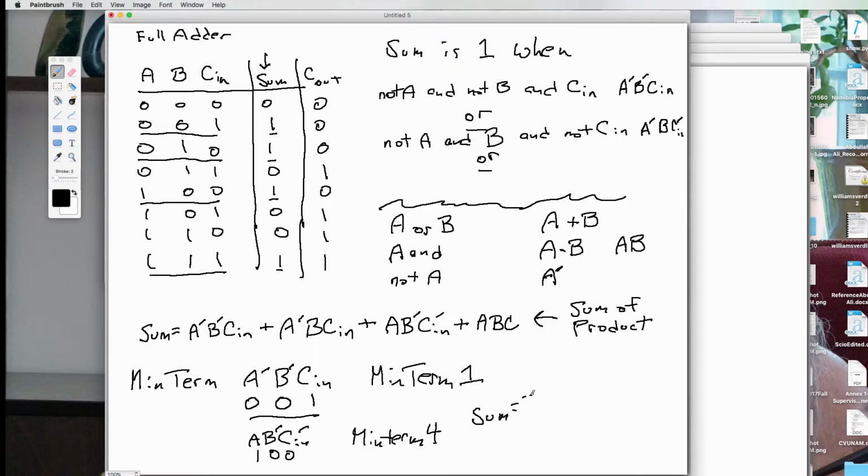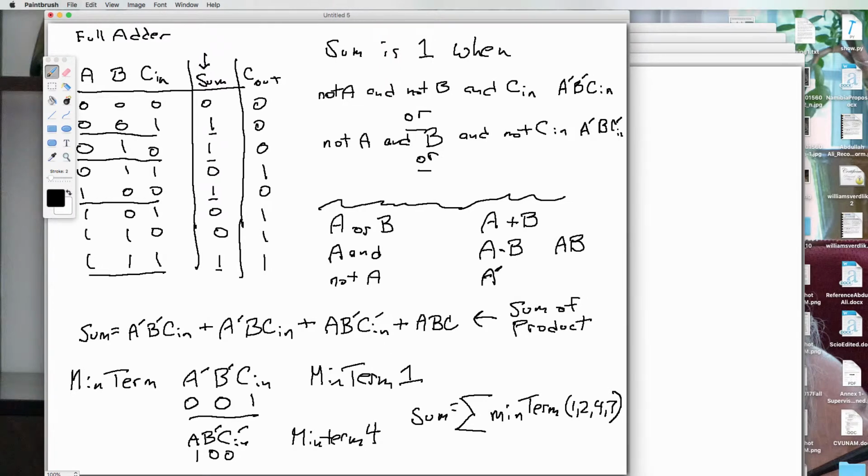Very frequently, they write it this way: 1, 2, 4, and 7. So we have a couple of different ways for writing this. We could say sum is equal to this, or we could also say that sum is equal to this whole long term.